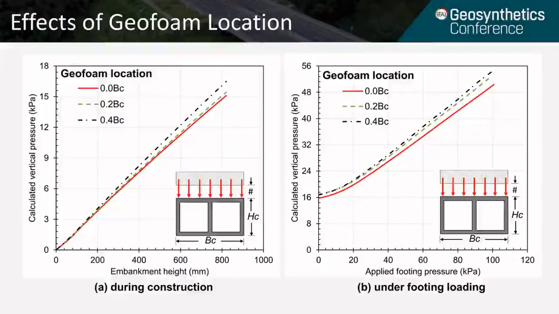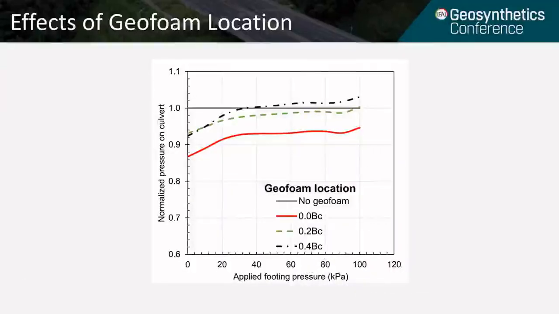Here we're showing the effect of geofoam location, and the conclusion is that when the geofoam is directly placed on the culvert, it has the highest reduction of the load or pressure on the culvert. Again, this figure shows that having no space between the geofoam and the culvert reduces the pressure more effectively than the conditions where the geofoam is 0.2 BC and 0.4 BC away from the culvert.